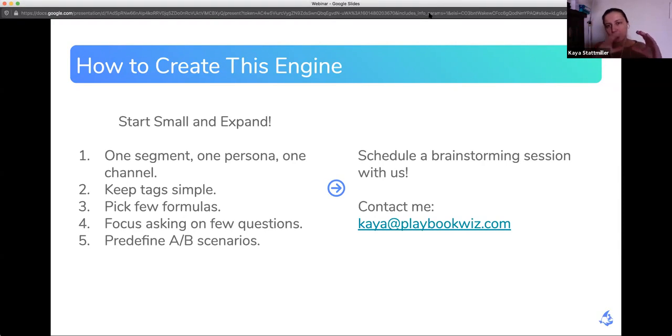Because it's really about keeping it simple. In this case, as I told you, the company that has 600 campaigns, we actually built a kind of tree for them.